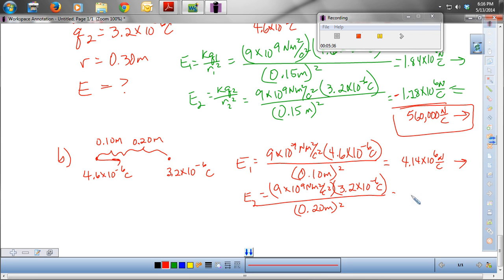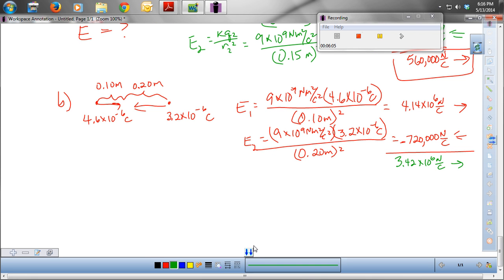And so I did that and got 720,000. And it's positive, so it goes away from that positive, so that one would be to the left. Again, they're in opposite directions, so I simply subtracted them. And when I subtracted them, I believe that looks like 3.42 times 10 to the 6th newtons per coulomb, and it's in the direction of the larger one.